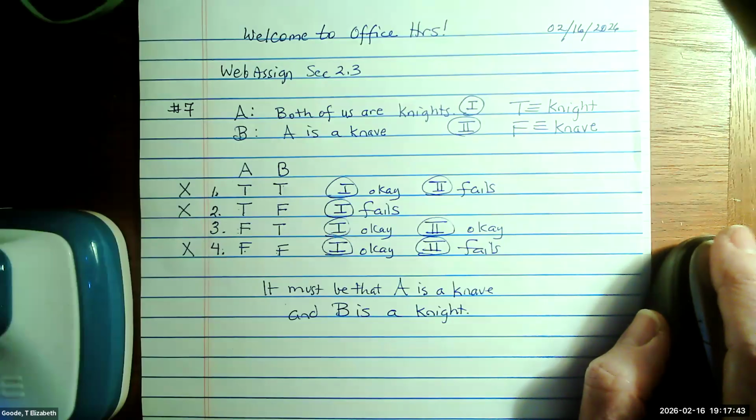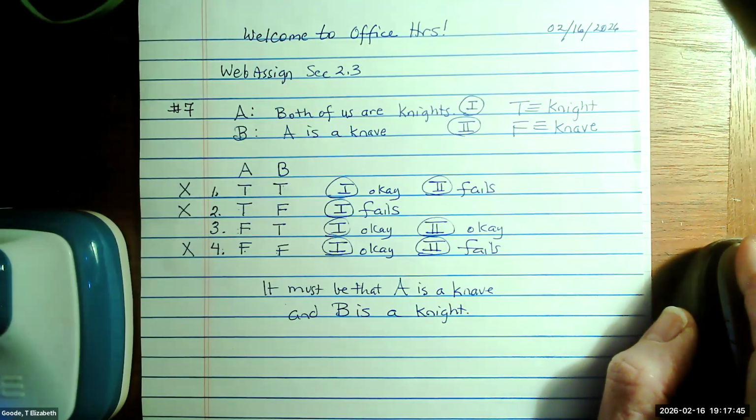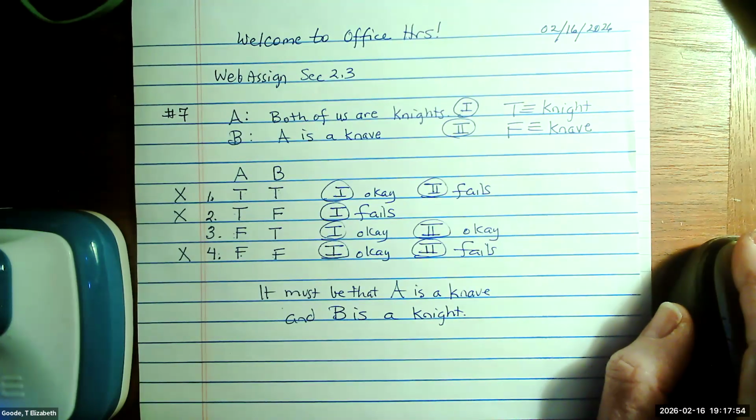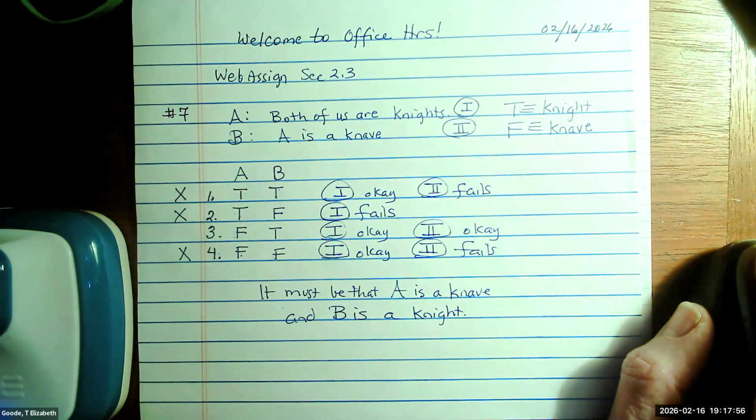At least three of us are knights. At most three of us are knights. That means the most is three knights. Well, if W is a knight, then this is a true statement. But what if W is a knave? Then V might be a knight or a knave.